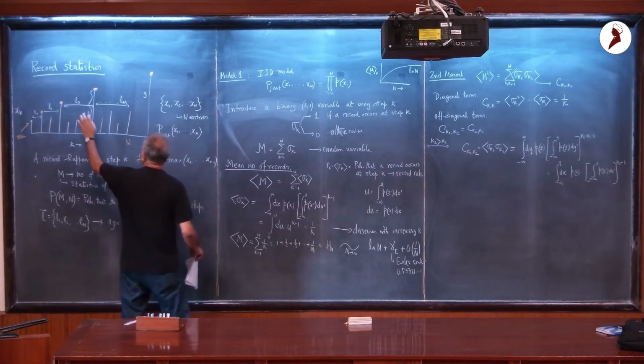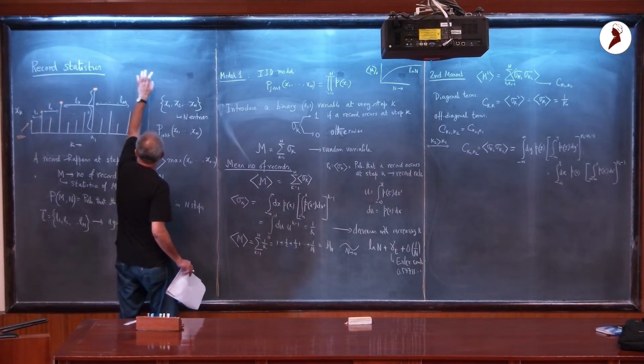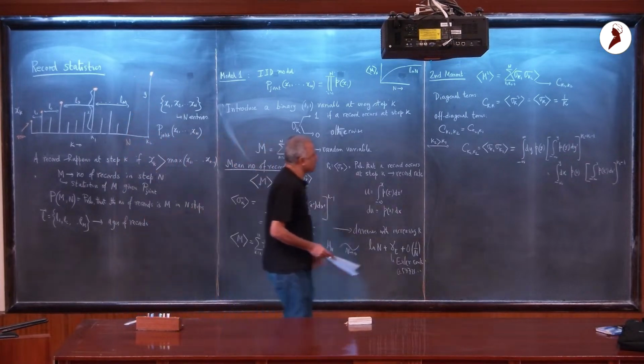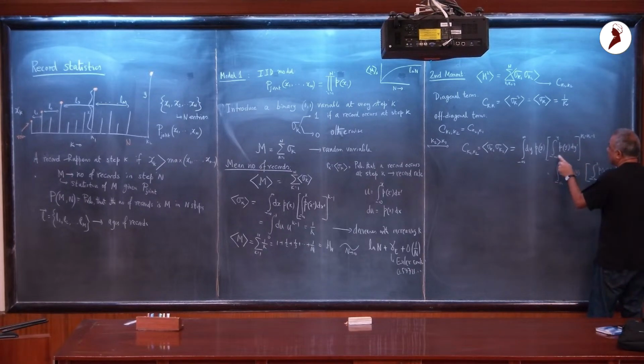Okay. So suppose I fix this guy x, so I have to ensure that all these guys here are less than y, such that this is a record. So therefore, the integral of p(y') dy' over all the intermediate guys, they should be less than y. Okay, so I'm giving you y and x, and then these guys have to be less than y. There are k2 minus k1 minus 1 of them, intermediate between the two.